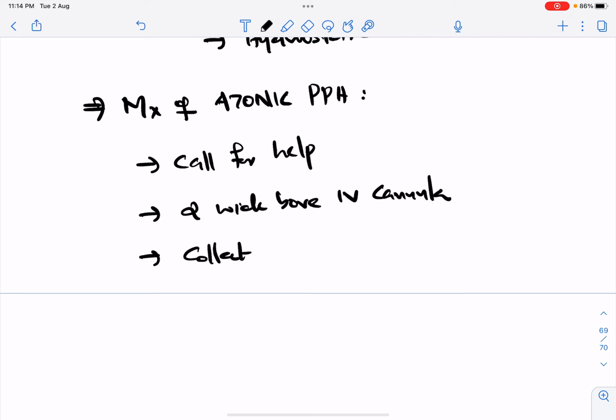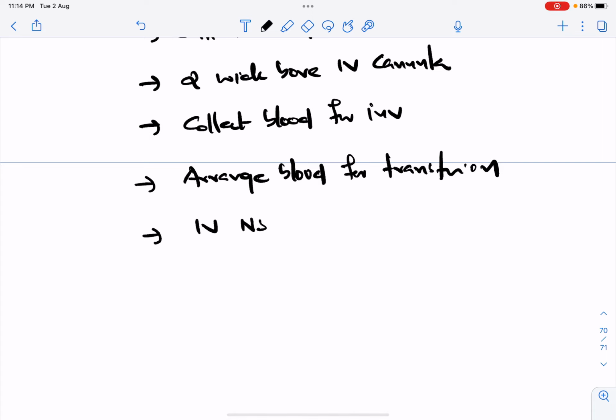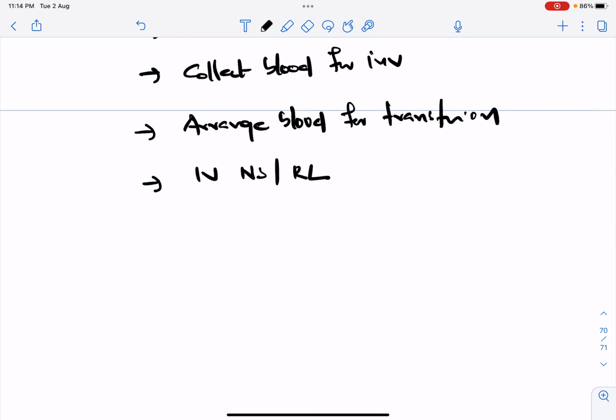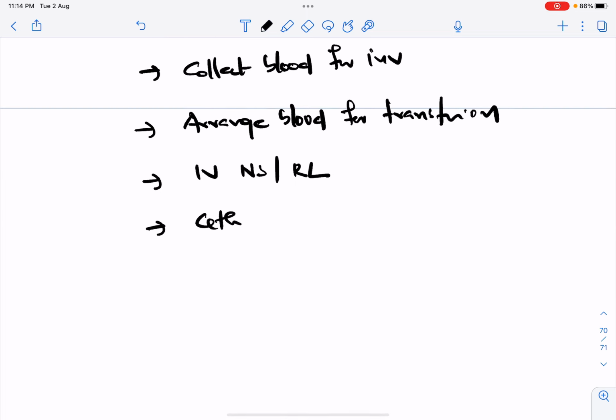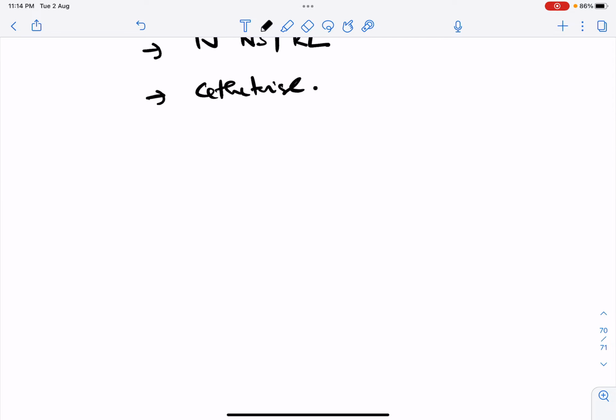You can collect blood for investigations, arrange blood for transfusion, start IV NS or RL, and you have to catheterize the patient.